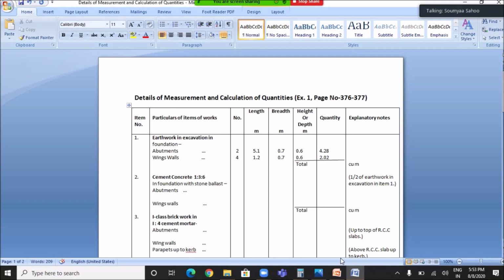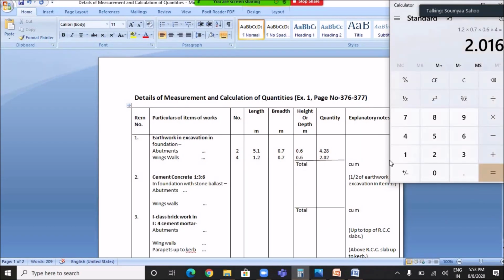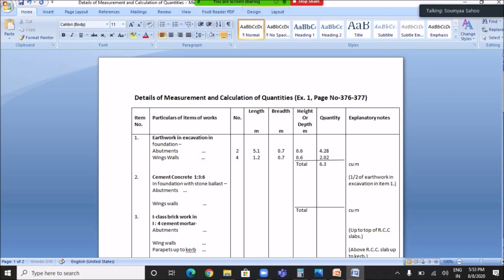So the total quantity will be, we have to add 4.28 with 2.02. So this will be 6.3 cubic meter. So the next item is cement concrete in 1:3:6 proportion in the foundation with stone ballast.